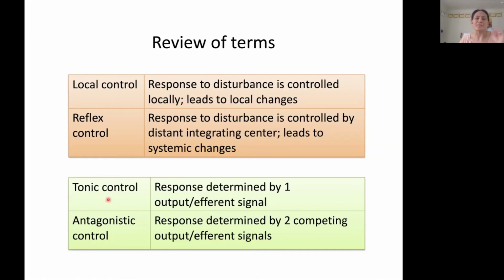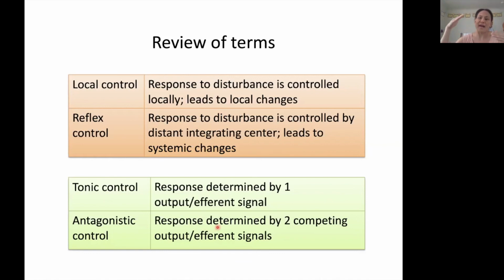In tonic control, the response is determined by one output or efferent signal, which is going to adjust up or down to give you a response that goes up or down. Whereas in antagonistic control, the response is determined by two competing output or efferent signals.